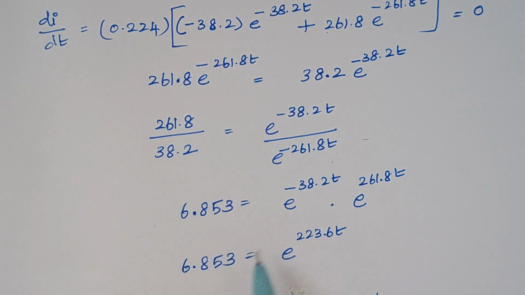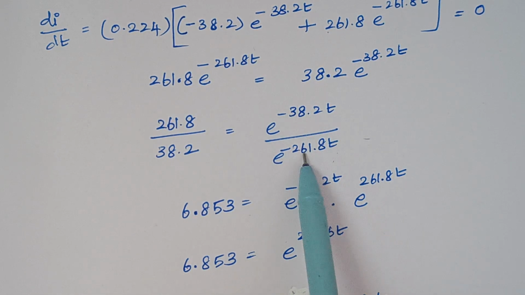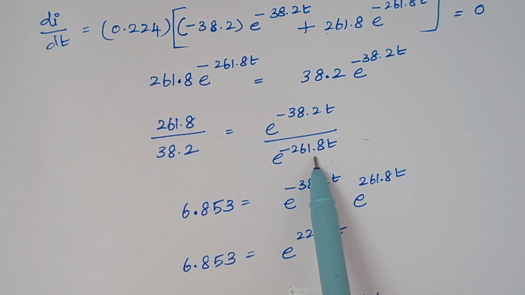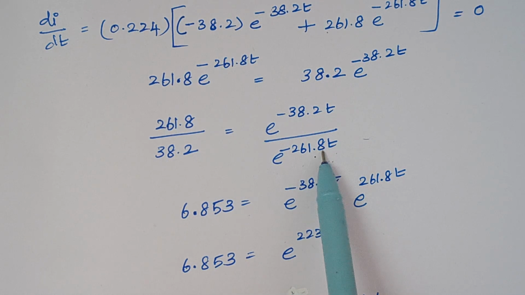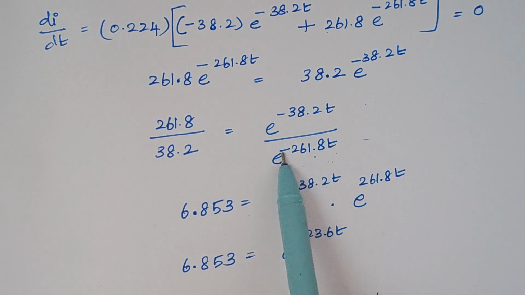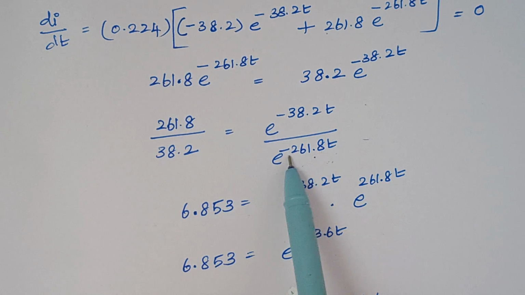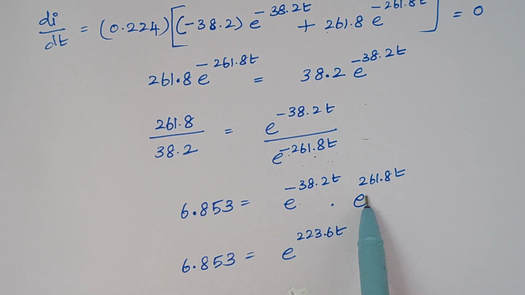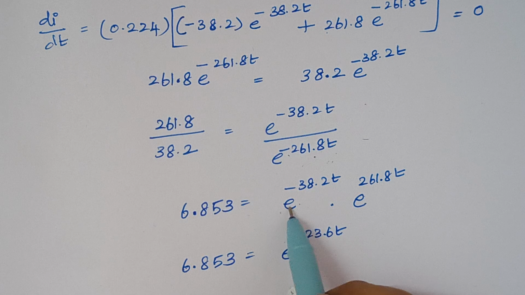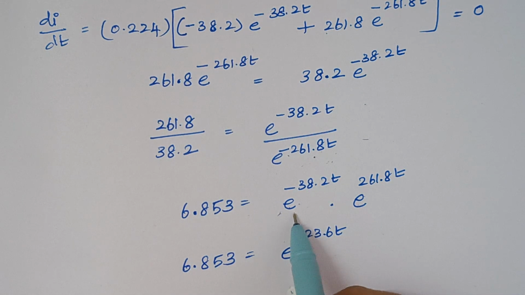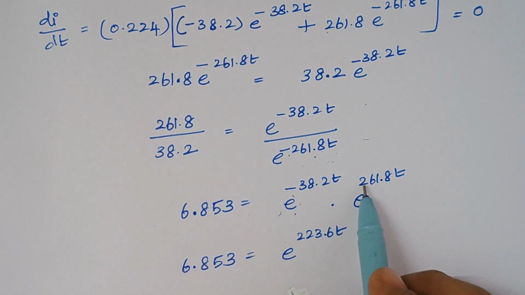Once you solve this, again they are in division part, but we can shift this e to the power term to the numerator just by modifying the sign. This minus will become plus. So this is what happened here. Since the base term is the same, one is with minus, another one is with plus, so you can simply subtract.